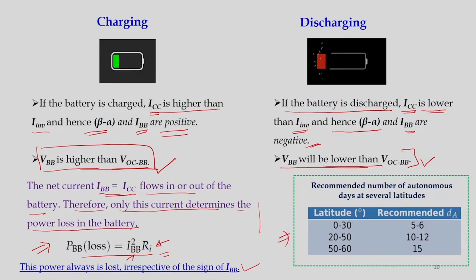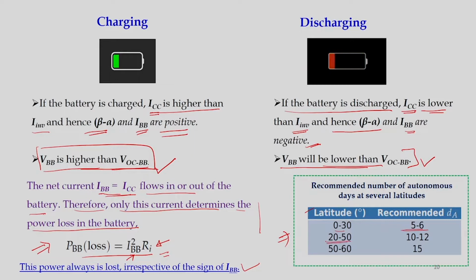As I said, the number of days of autonomy to be maintained for a standalone system is specified by latitude. If latitude varies from 0 to 30, then we need to consider an autonomy of about 5 to 6 days.